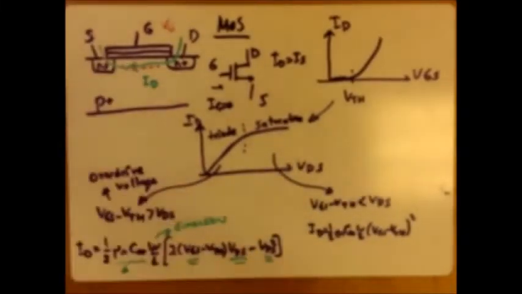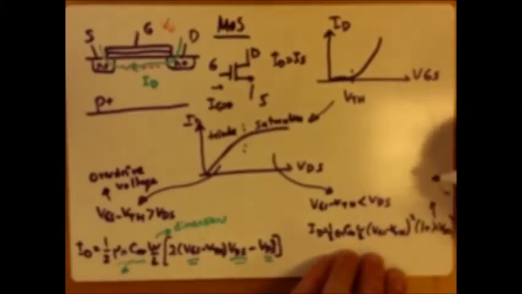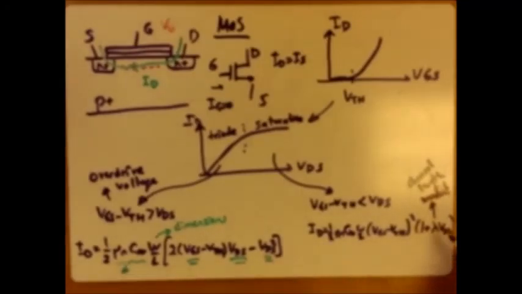However, just like the NPN transistor, we have a parameter here, this lambda, that's called the channel length modulation, that affects the transistor's behavior and adds a drain source voltage dependence.